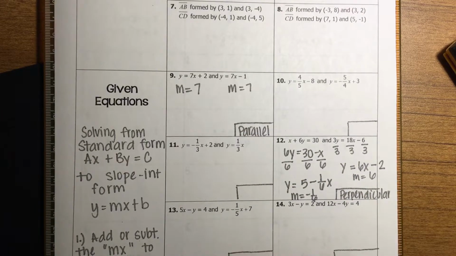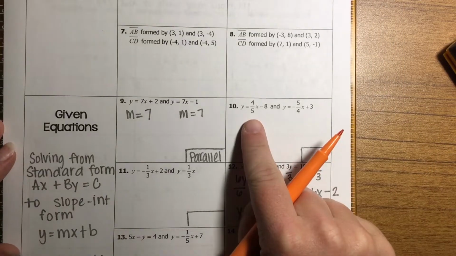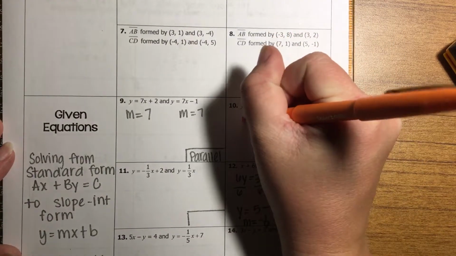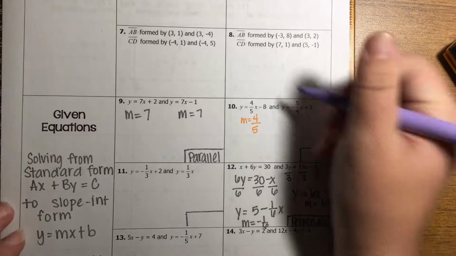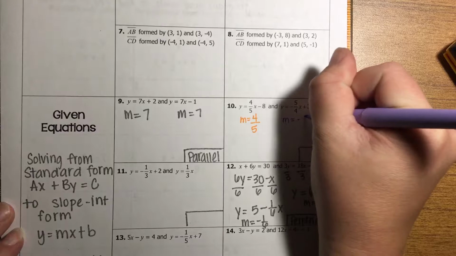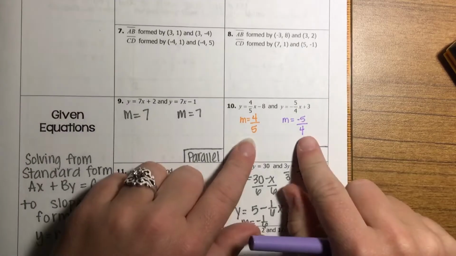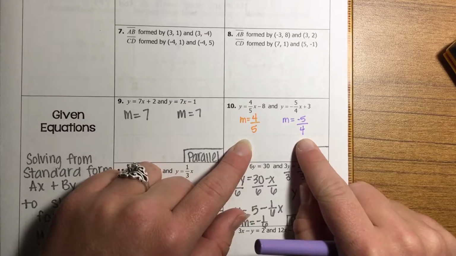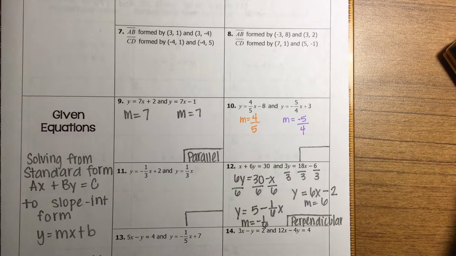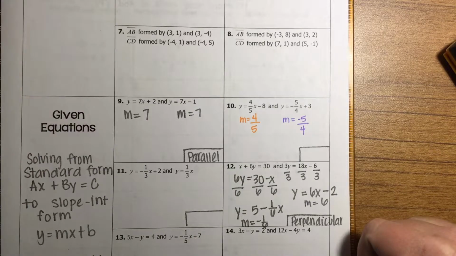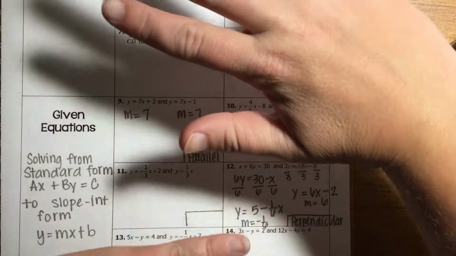Okay, so now let's go ahead and look at number 10. I have 4/5, so my slope here is 4/5. And then my slope here is going to be negative 5/4. Okay, I know it's not parallel because those are not the same, but for perpendicular, I know it is a fraction that's flipped and the signs are switched. So if I look here, I have 4/5 and it switches.